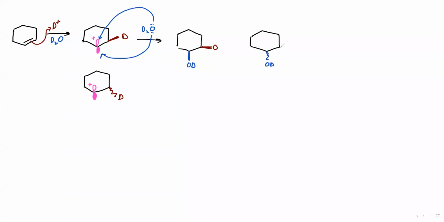The same thing is true on this guy here. So I won't draw out everything, but it's the same thing. Actually, I guess I will. Water can attack here, or it can attack here. Either one is possible.